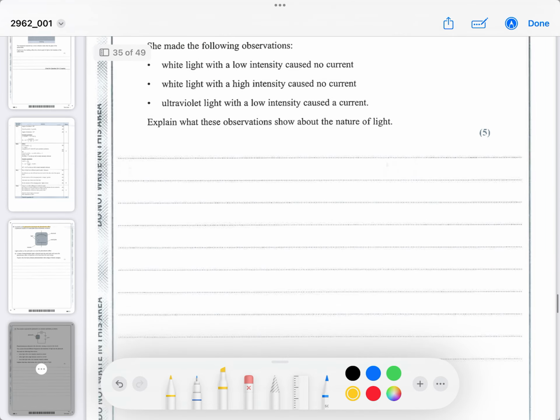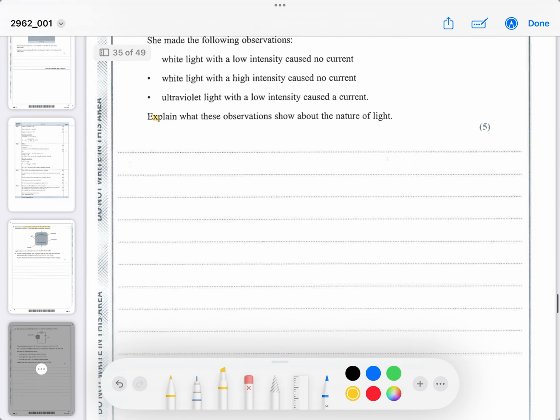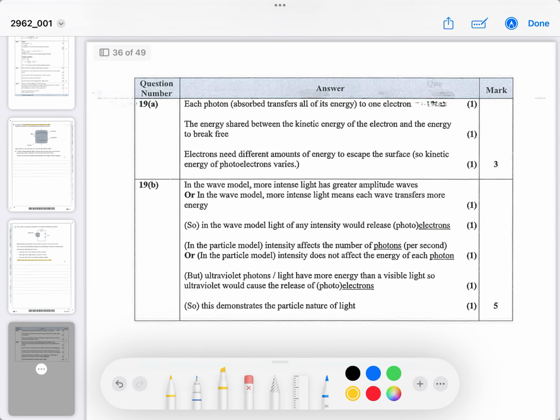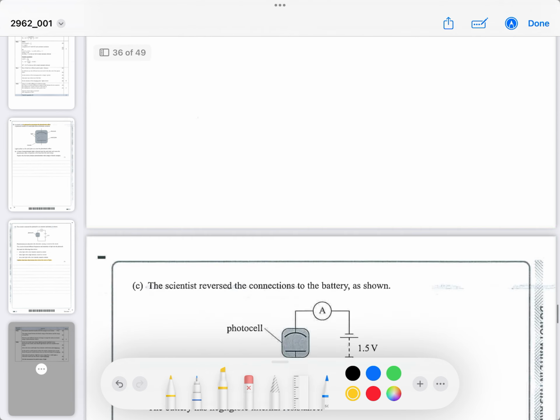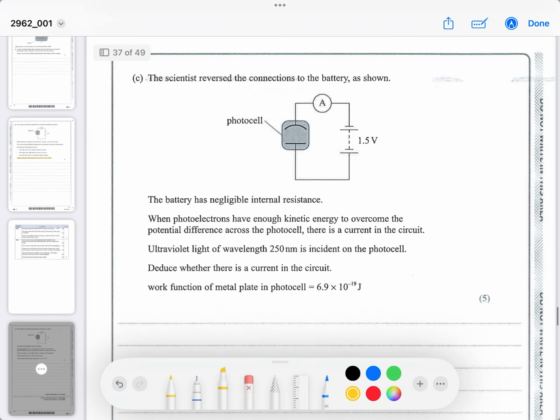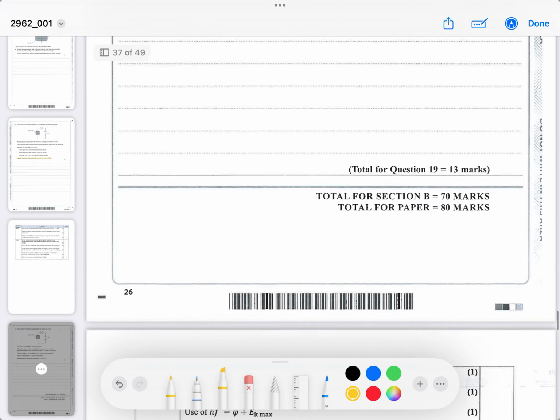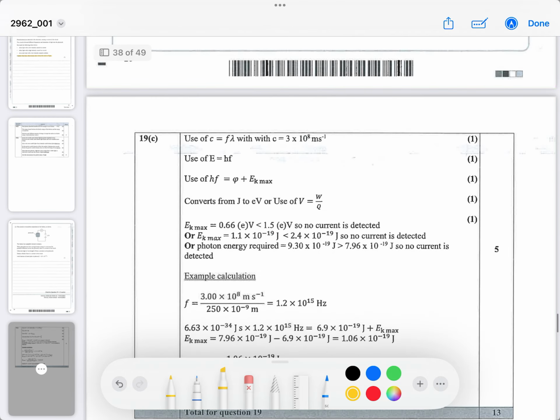Another explain what the observations are. Yeah, the nature of light. Okay? And there's the answers. 8 marks, and then there's a part C. Stopping potential, I think, and that's the end of this run through.